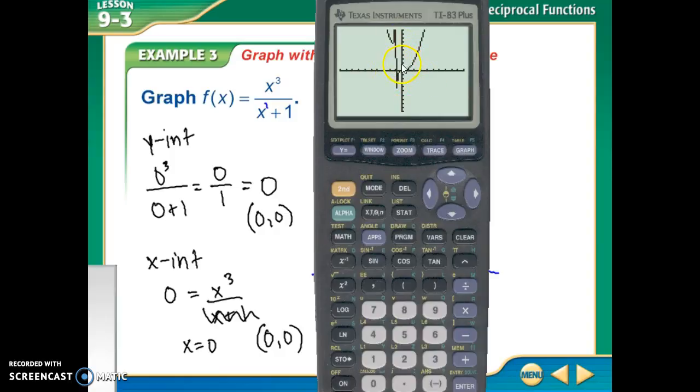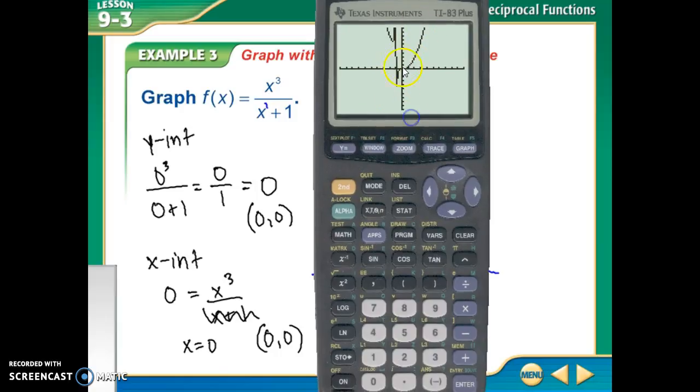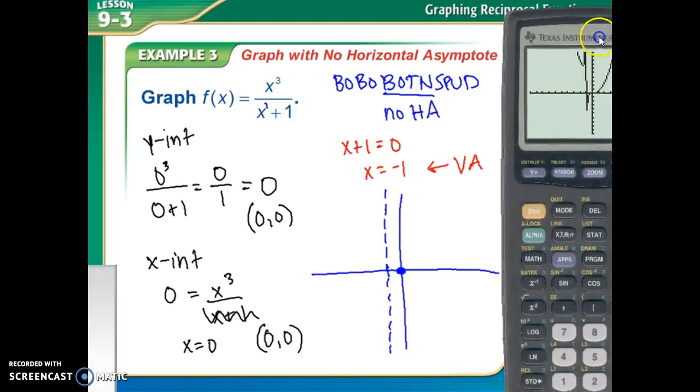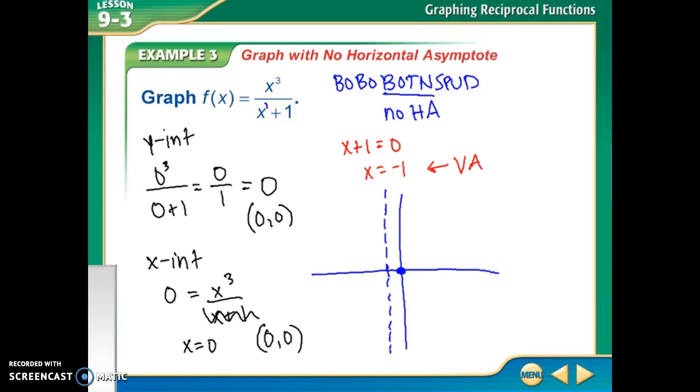They can't pick up and skip over; they have to always be connected. So I have this U-shaped thing going on up here, then my asymptote, then I have this snake-looking shape going on down here. So to graph that, I'm going to put this U-shape up here, like that, and then have this graph going on here. So we're just sketching once we use our calculator to find it.